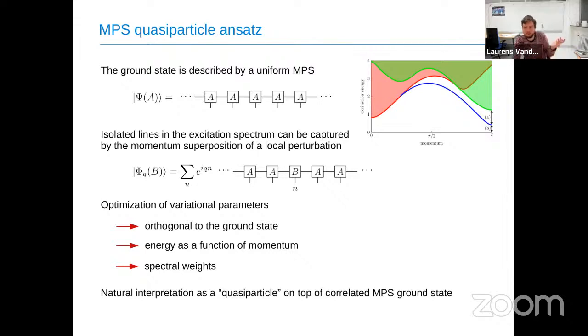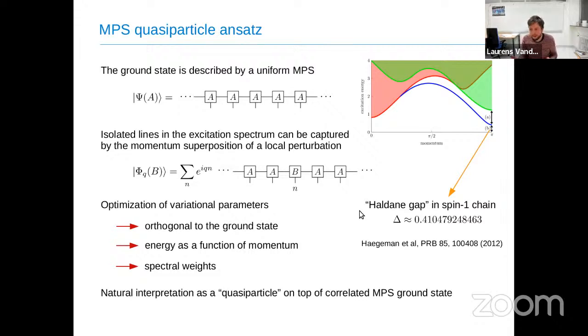The nice thing about this, somewhat conceptually, is that this ansatz gives a very natural interpretation of your excitations in the system as some kind of quasi-particle, because it's a local thing in momentum space on top of some kind of correlated MPS ground state. So it's some kind of effective particle on your ground state.